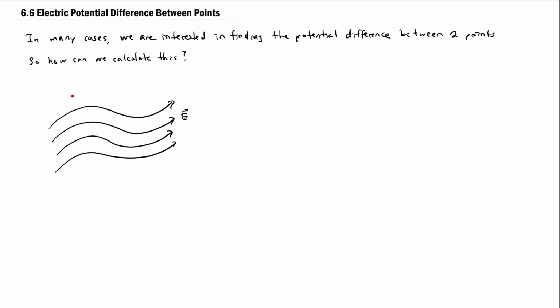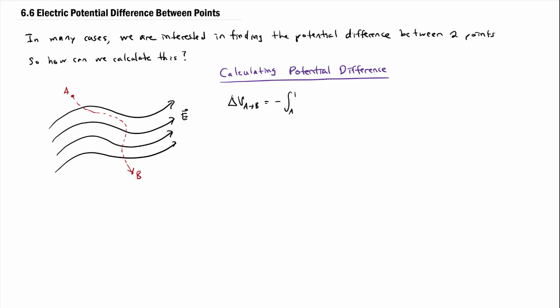Let's say I have a location A and a location B over here, and I'm just going to take some random path to get me to B. So to calculate the potential difference, we have delta V going from A to B is equal to negative integral from A to B of E dotted with dl.